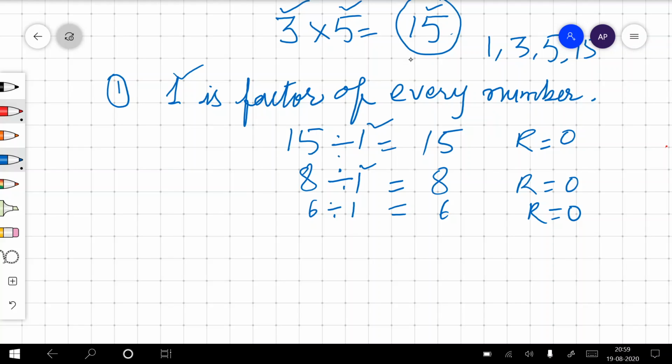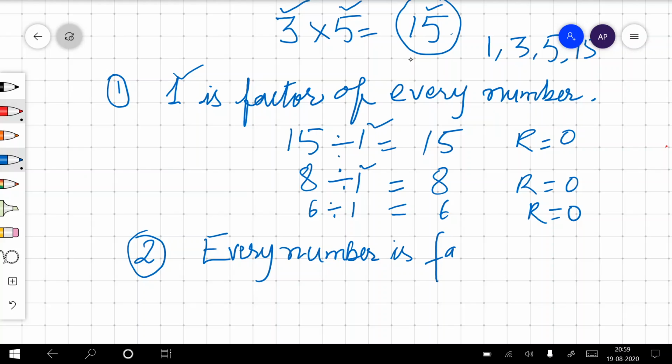Now the second property is that every number is a factor of itself.